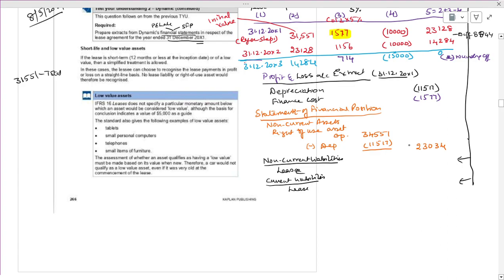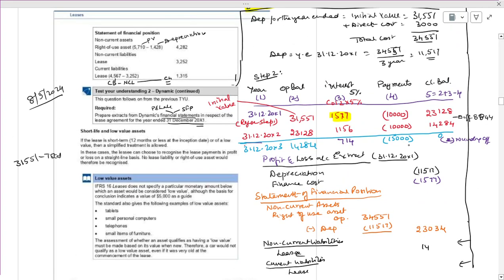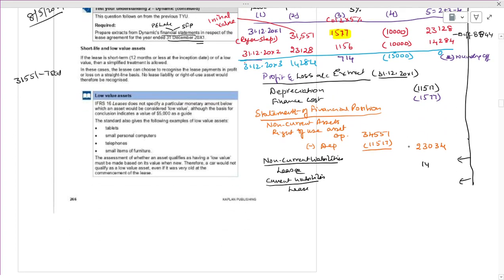How much is there? 14,000. How much do we calculate? 14,284 and 8844.